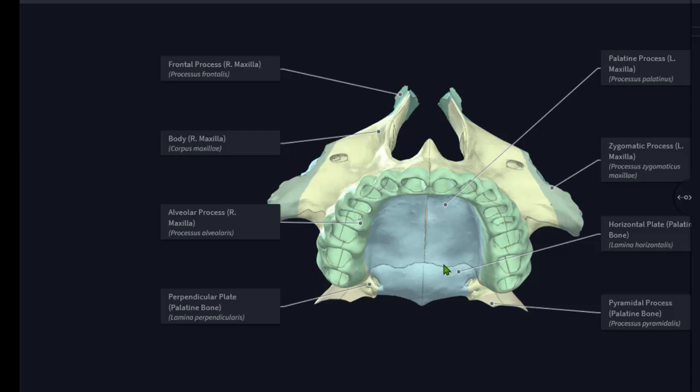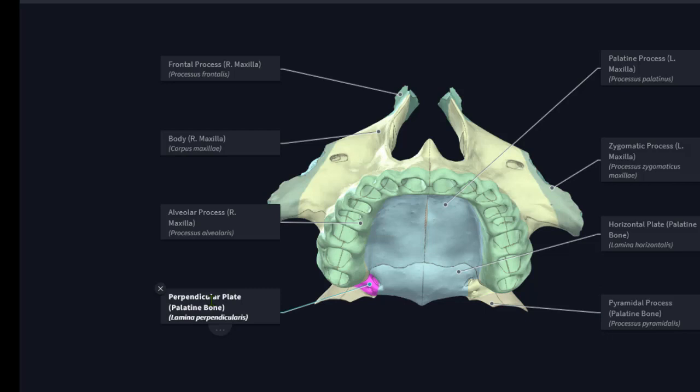Now here you can see the articulation of the maxilla and the palatine bone. Here you'll find the palatine process of the maxilla, and here the zygomatic process of the maxilla, and this is the horizontal plate of the palatine bone, and here you'll find the pyramidal process of the palatine bone, and here the perpendicular plate of the palatine bone.